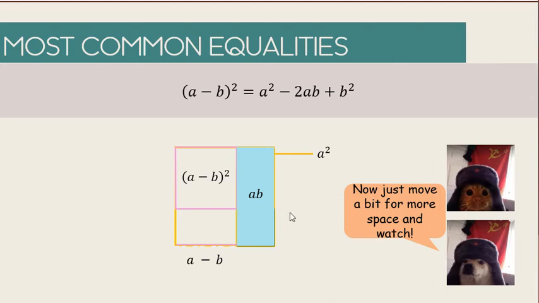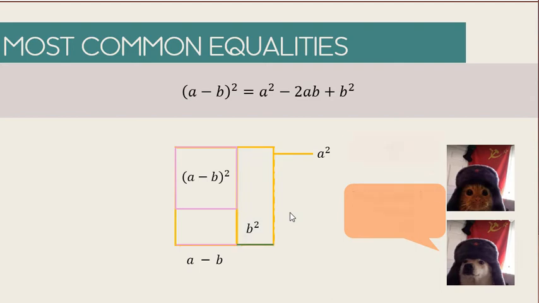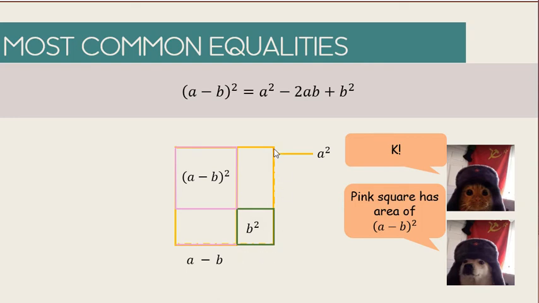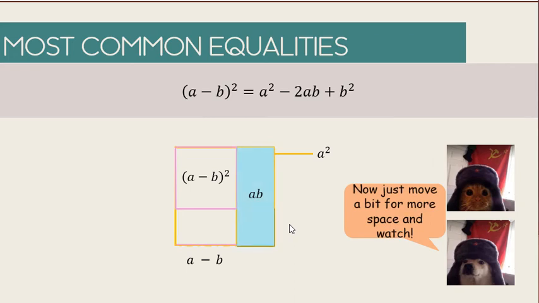This is the critical point of solving this problem. I will widen it back a bit. Here the width is B and the length is A, right? So the area of this rectangle is A times B.